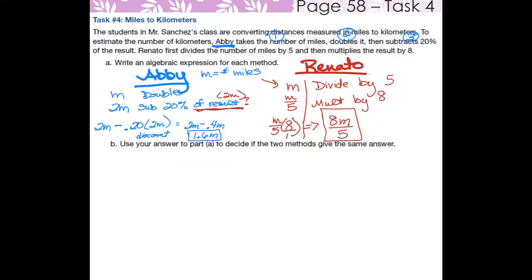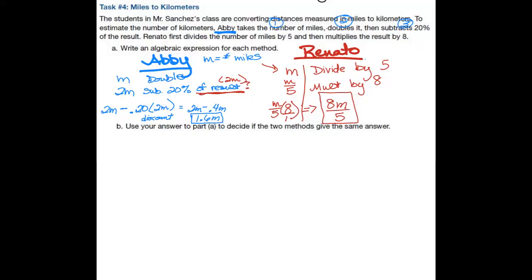All right. Now, it says use your answer to part A to decide if the two methods give the same answer. They do. Well, yeah, they could, if you used 8 divided by 5. She took 8m by 5, and she actually did 8 divided by 5, and what did you get? 1.6 m, and Abby started with 1.6 m.